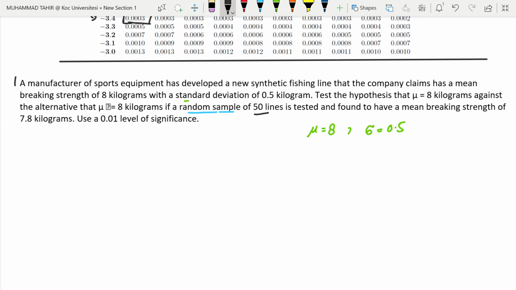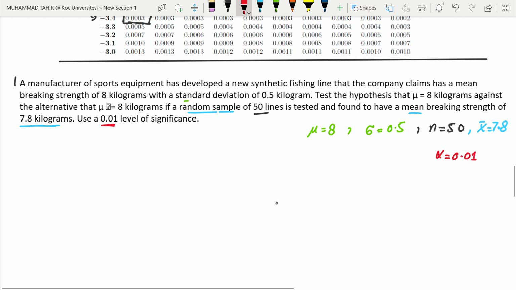What is the size of the sample? 50. And the last is, this is the mean of the sample. Okay, so this is the data, and the final point is alpha. Alpha rejecting key probability 0.01.